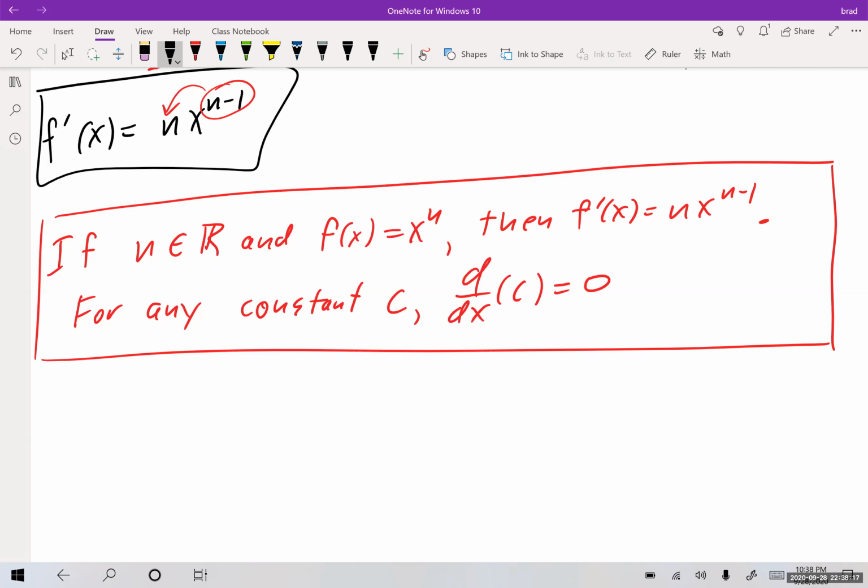Okay, let me see here. So this is our general power rule for derivatives.